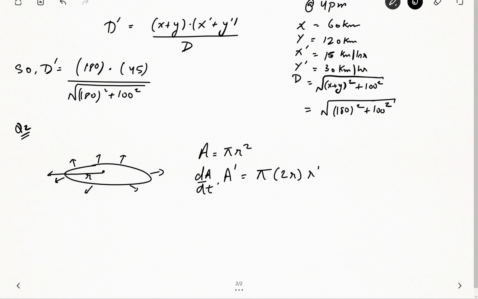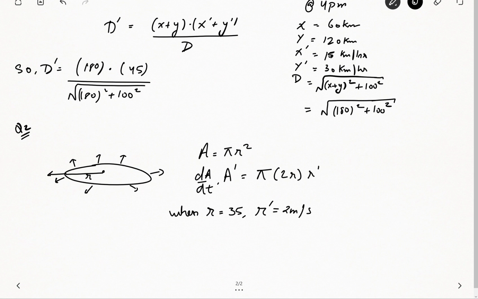So once we got that part down, now we're looking for the rate of change of area at what moment. The moment is when the radius is 35 meters. So when r is 35 and r prime is not changing, it's at a constant rate, r prime is given to us to be 2 meters per second.